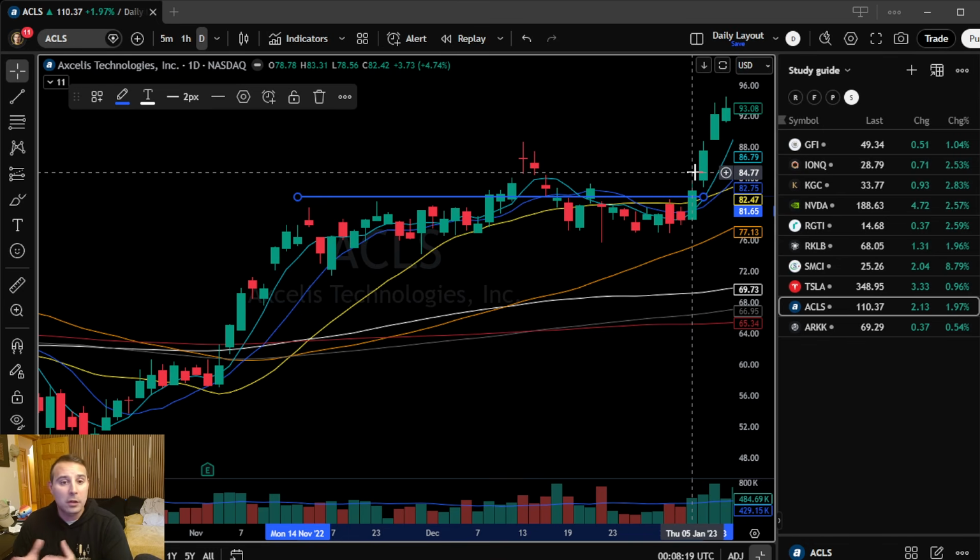So just imagine that for 3 to 6 months, they were already the strongest group in the market. And then you get an opportunity to get positioned, and then they just trend higher for 3, 4, 5 more months, and then they go parabolic. So again, just a really good reminder that you do not need to try and time any of this stuff. Focus on the leading groups, and you'll start to see setups setting up together.